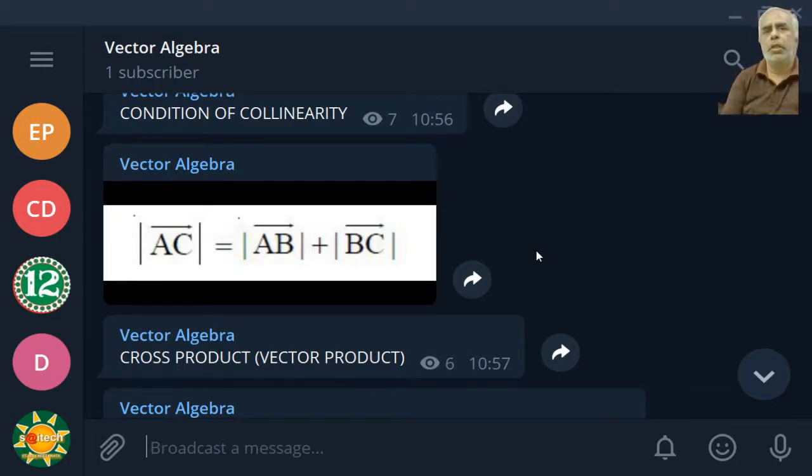You have A, you have C, and in between that, B. So if it is collinear, then it is very easy: AB plus BC gives AC. B is not the midpoint, but an in-between point. A, B, C. So AB plus BC is equal to AC. This is the condition of collinearity.